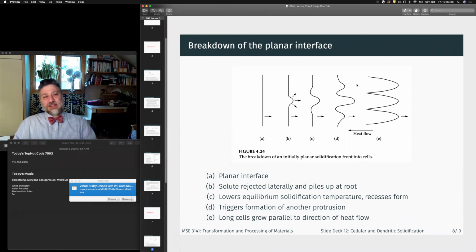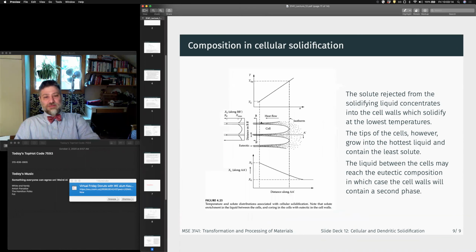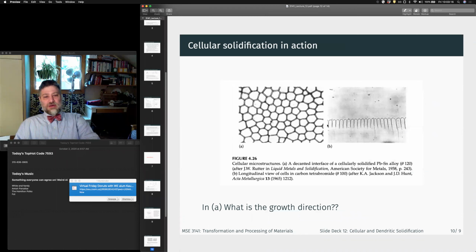What ends up forming is a series of stable fingers that grow parallel to the direction of heat flow. This is solidification of carbon tetrabromide in cross section, and you see these beautiful finger-like protrusions that form.